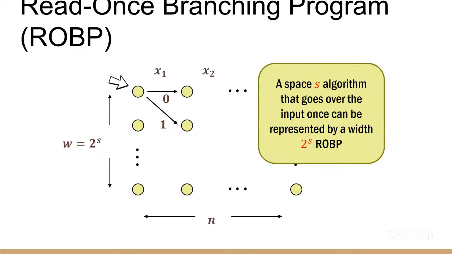If you have an algorithm that uses only S bits of memory, there are 2 to the order S different configurations of your Turing machine, and these configurations can be represented by the nodes in a layer. After you read an input bit, you change your memory configuration from one to another, and that is exactly represented by the edge from one layer to the next layer.